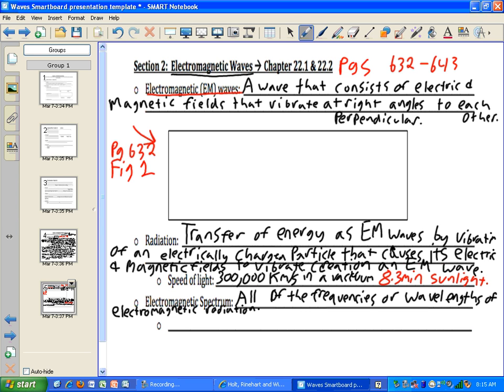All right? And I'm going to list them all now, starting with the longest wavelengths and lowest frequencies and going to the shortest wavelengths and the highest frequencies. All right? So the first one would be radio waves. Microwaves is the second. Infrared.